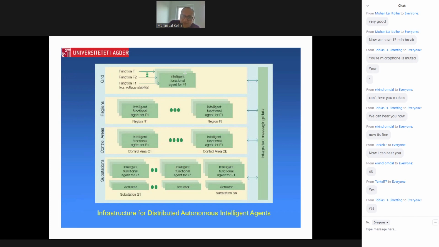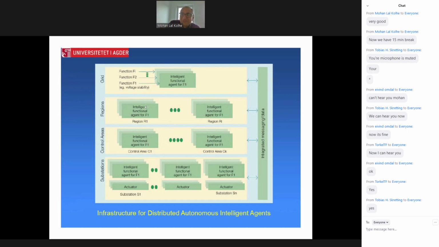That is very important. That's why you can see that this side has been taken as integrated messaging or data. This infrastructure for distributed autonomous intelligent agents is going to be required for the smart electrical energy network.